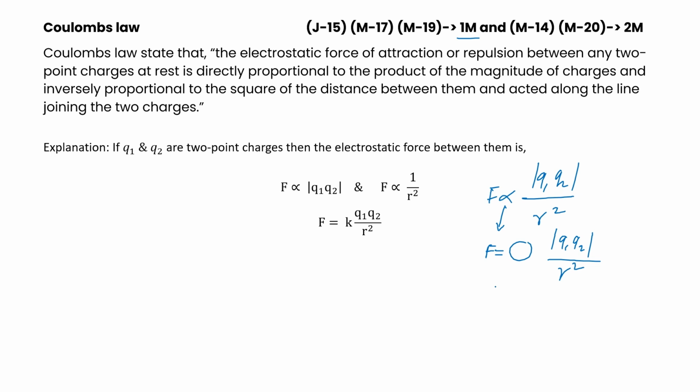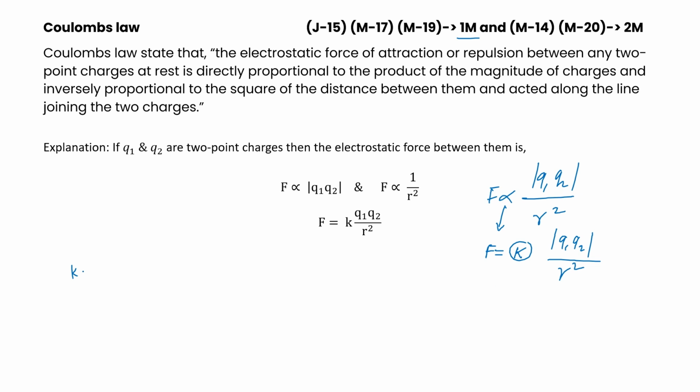This constant value, which is absent to maintain equality, is called the proportionality constant. In this case, the proportionality constant is a small k. I'm highlighting this as a small k because k is going to repeat in a few minutes. That k and this k are different.